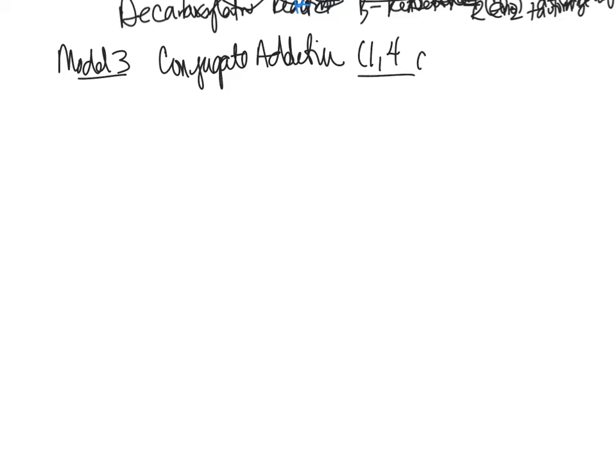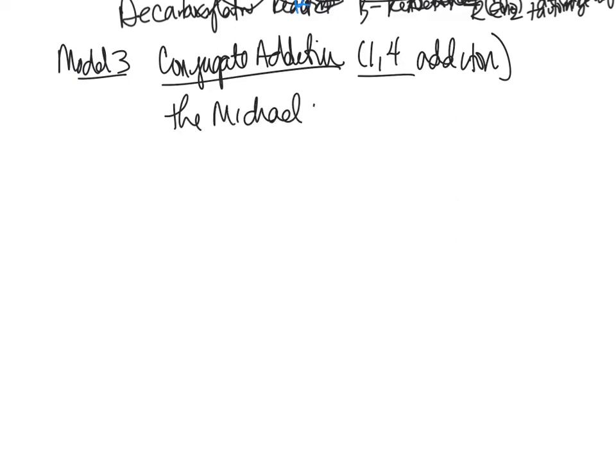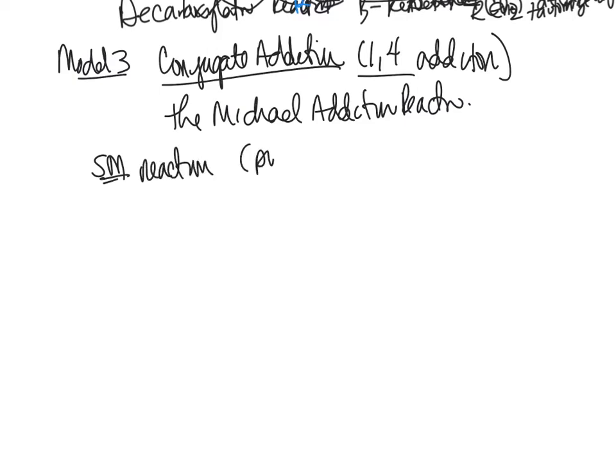This is also called 1,4 addition. So it's called conjugate addition, which is a 1,4 addition. You've seen a little bit of conjugate additions before. And this is also called the Michael addition reaction. Now, the starting material for this reaction is the product of an aldol reaction.